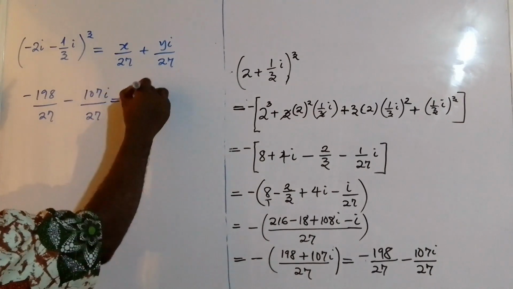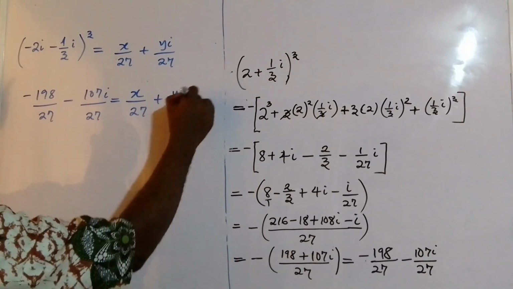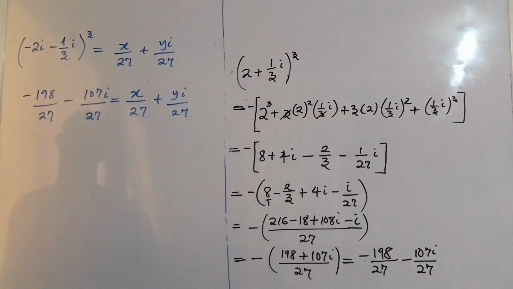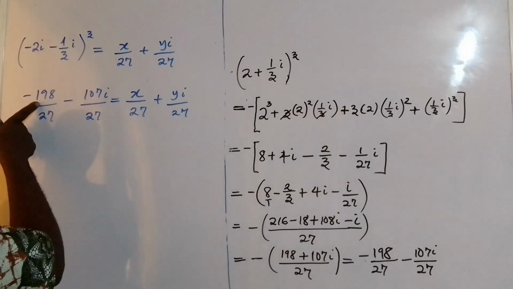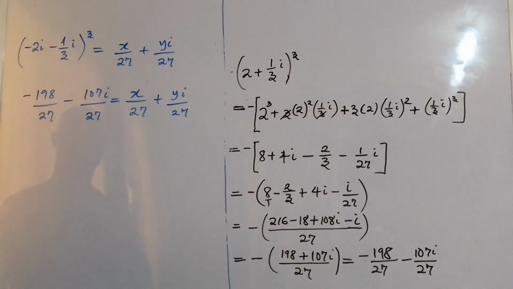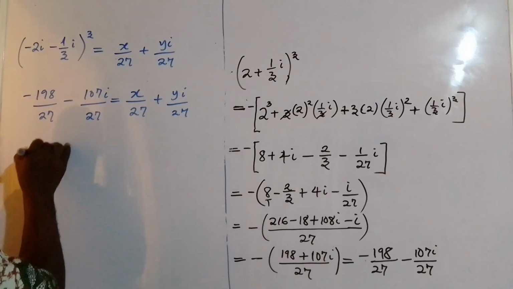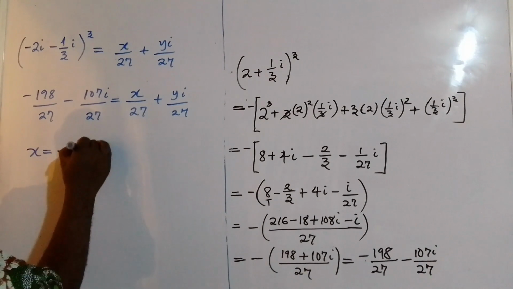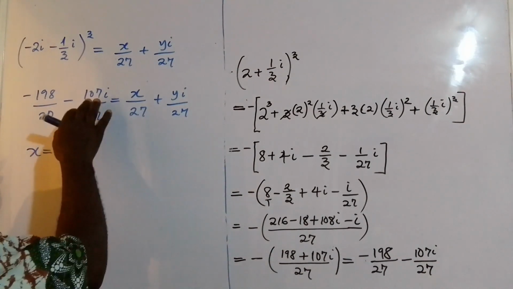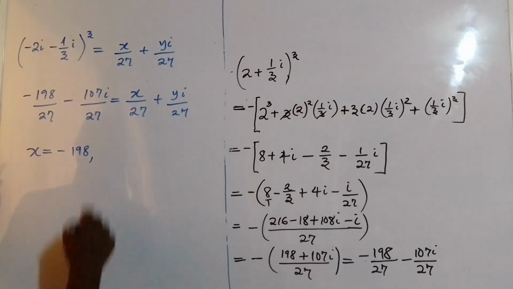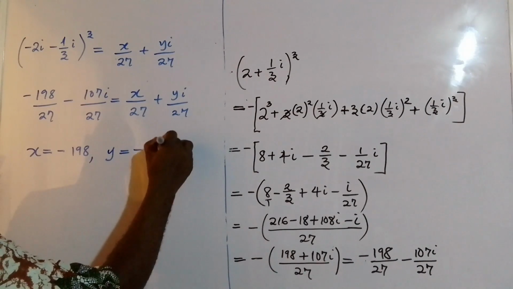We'll compare that with what we have on the right. If we compare the real parts on both sides, we are going to get x to be equal to minus 198. Then if we also compare the imaginary parts on both sides, we are going to get y to be equal to minus 107.